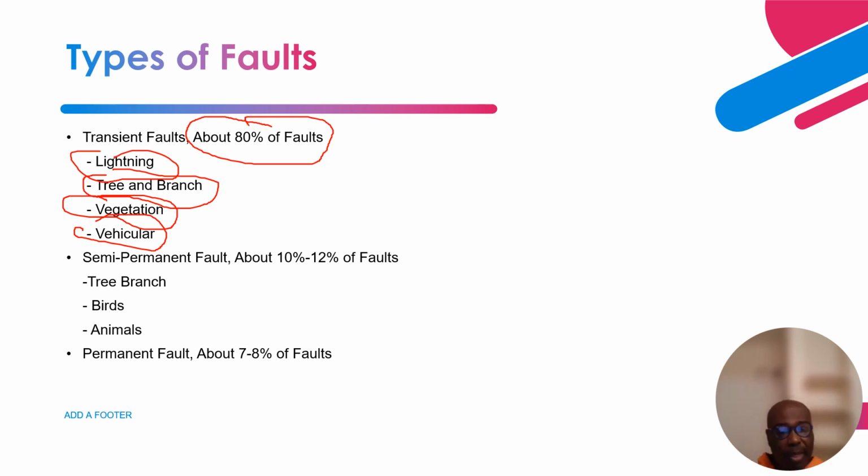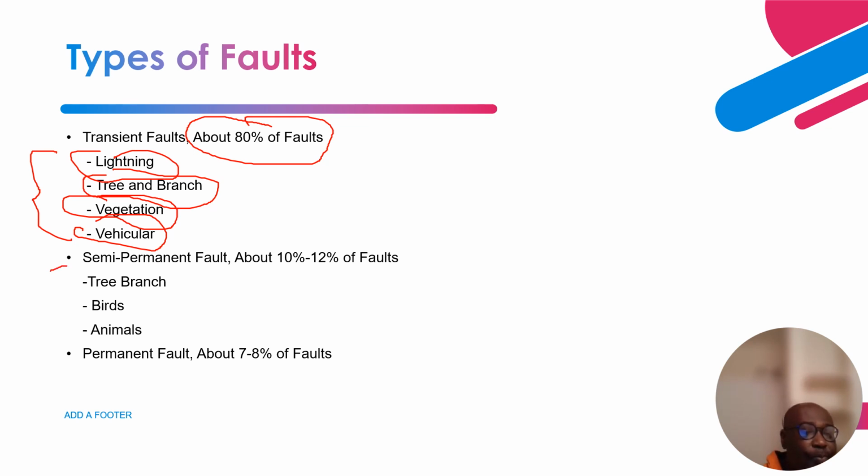Then, when the driver backs out his vehicle, everything is restored, right? So that's why they call them transient faults, because they're very temporary. A typical example is a lightning strike, where it hits the feeder conductors directly and ionizes the air. And right after ionization of the air, everything is restored back, right?